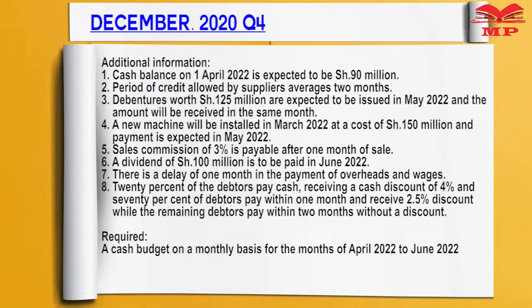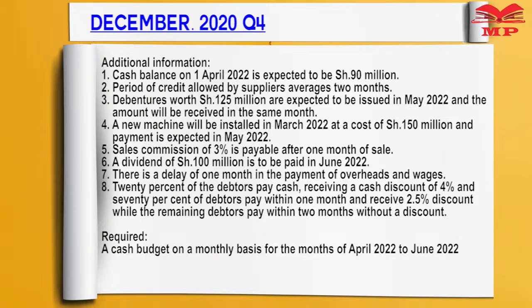Note number 5, sales commission of 3% is payable after 1 month of sale. Note number 6, a dividend of 100 million is to be paid in June 2022. Note 7, there is a delay of 1 month in payment of overheads and wages.